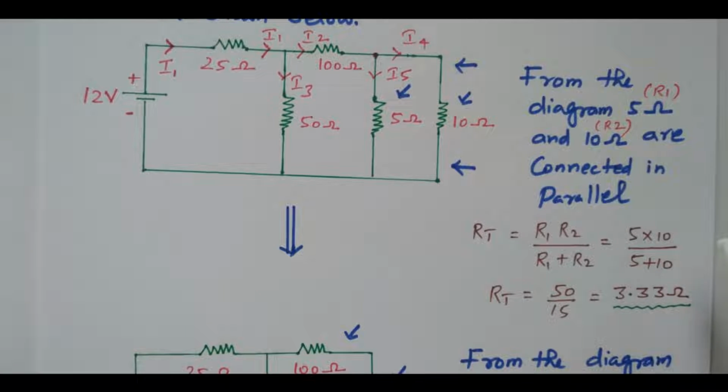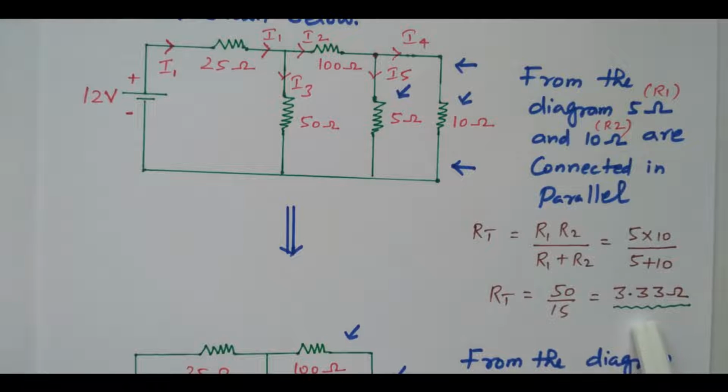What is the total resistance? R1 R2 divided by R1 plus R2. This is the formula for two resistors connected in parallel. So 5 into 10 divided by 5 plus 10, that is 50 divided by 15, which is 3.33 ohm.